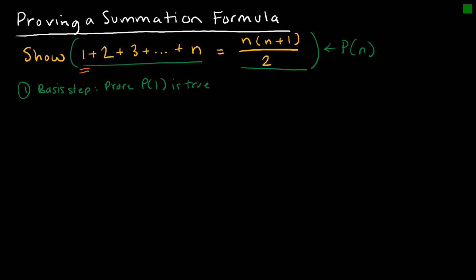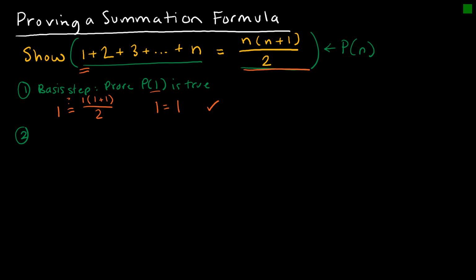Does 1 equal 1 times 1 plus 1 over 2? On the right side, I get 1 times 2 divided by 2, which is 1, and therefore P of 1 is true. So this formula does hold true for the value of 1.